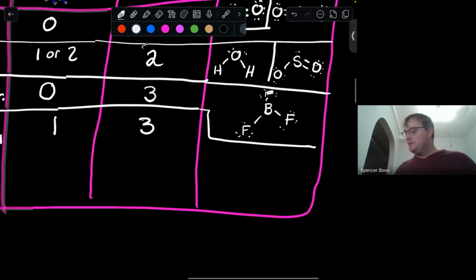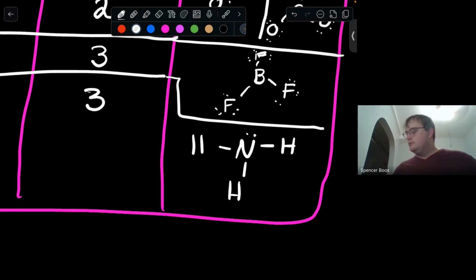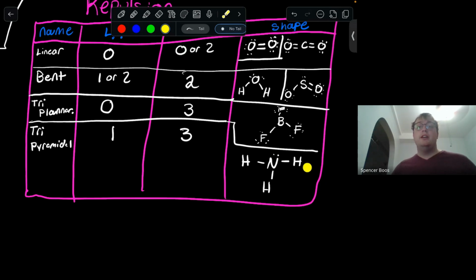You're doing good. Observe. So here, on this ammonia atom, I've got 1 lone pair, right? Again, pair means 2, so 2 electrons, and 3 bonded atoms.